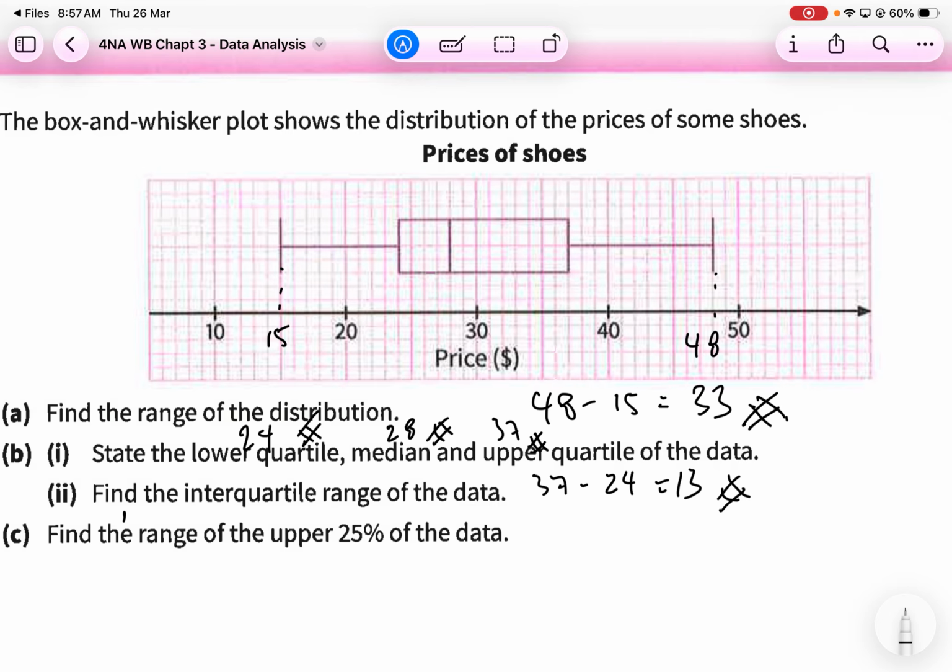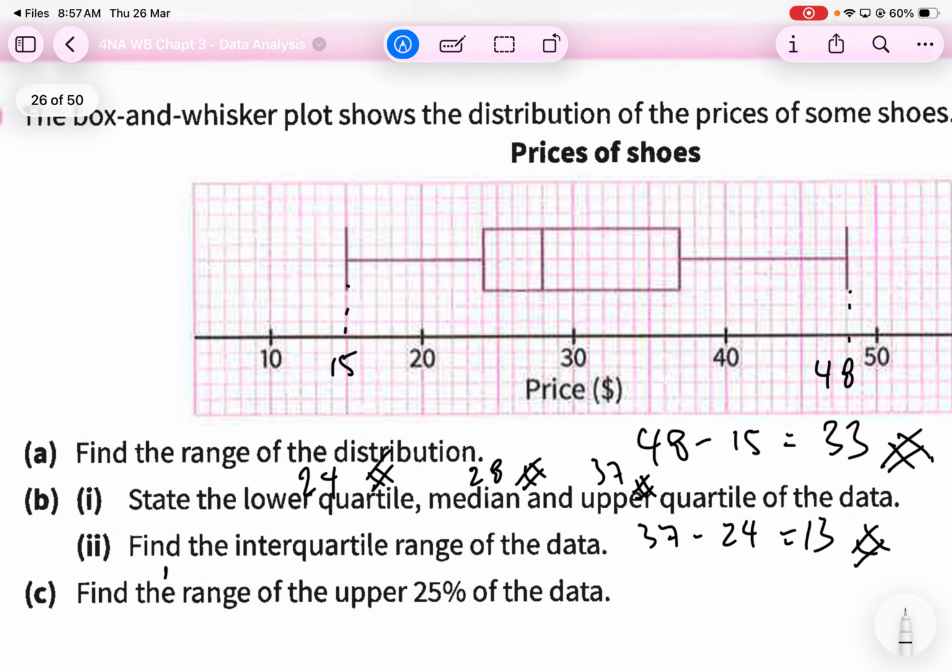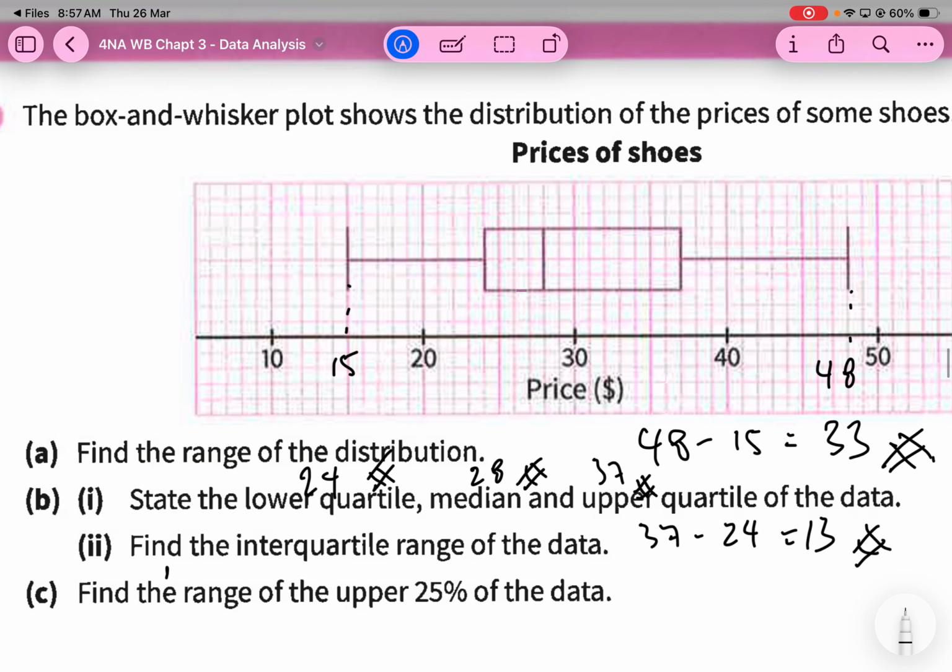The next one is the challenging part, where you need to know a bit about your data. Find the range of the upper 25% of the data. Upper 25% means between your 75% and your 100%.